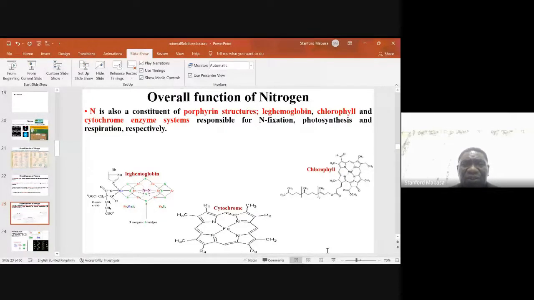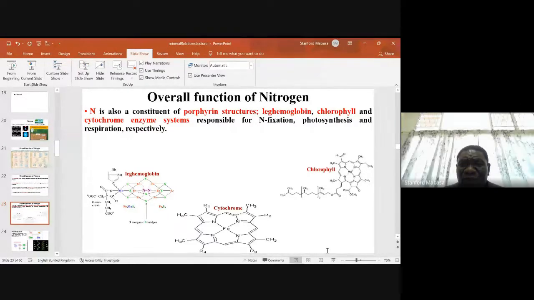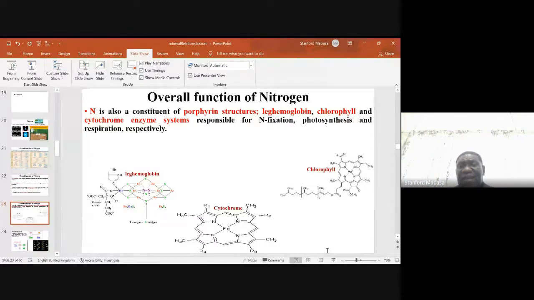We may talk a lot of cytochrome enzymes. Now, leg hemoglobin is important for nitrogen fixation. Chlorophyll is important for photosynthesis, and the cytochrome could be important for respiration.